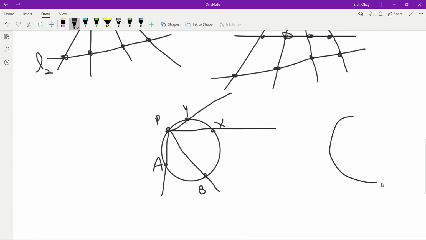Similarly, if we have a circle, or here, let me use the shape tool. If we have a circle and we have some cyclic quadrilateral here, this is a pretty hard picture to draw.